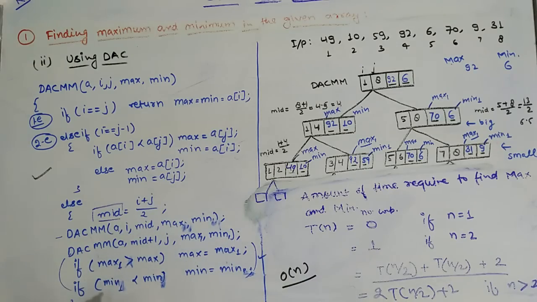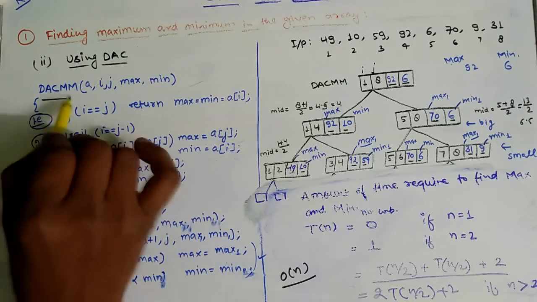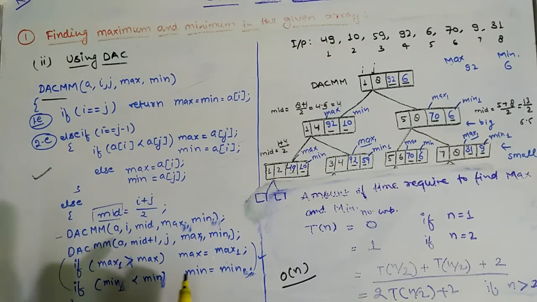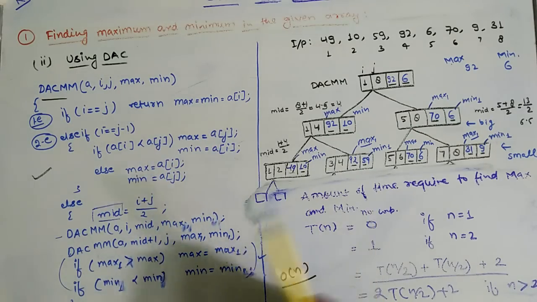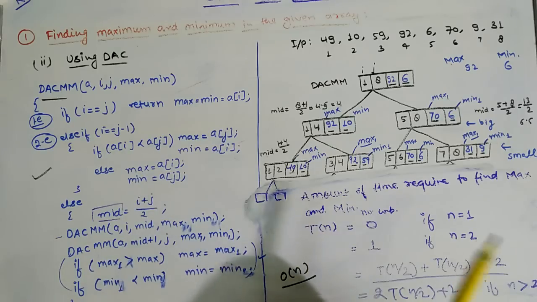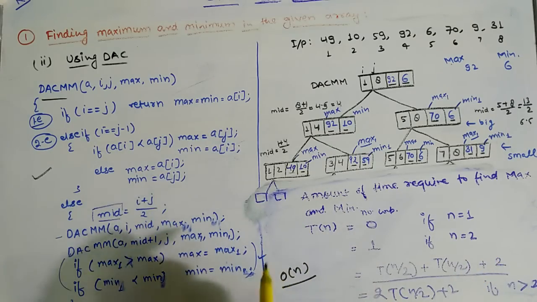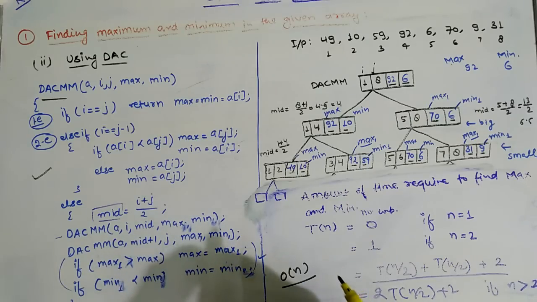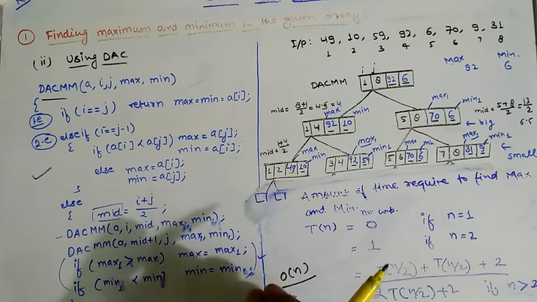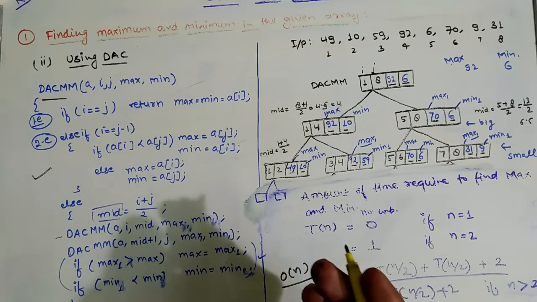So I can say that the straight max and min is better than the divide and conquer max and min, because divide and conquer will take more memory in terms of stack, since it is recursive, and the time complexity of both algorithms is similar. That is, the best case, average case, and worst case time complexity of both approaches is order of n. So it is not efficient to take the divide and conquer approach to solve the finding minimum and maximum problem.